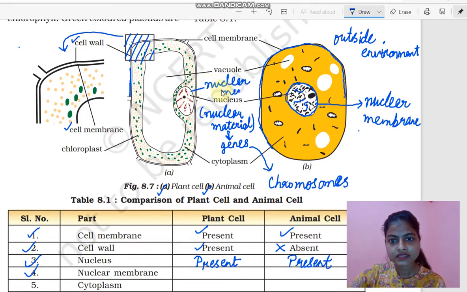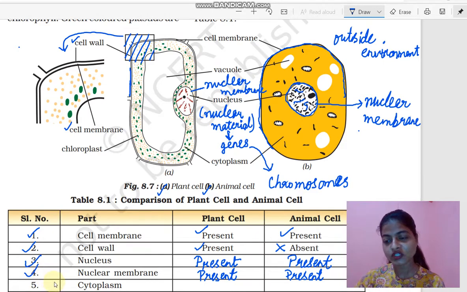So we can say nuclear membrane is present in both, and that's why plant and animal cells are known as eukaryotes. Eukaryotes means if the nucleus has a nuclear membrane, then those organisms are known as eukaryotes.